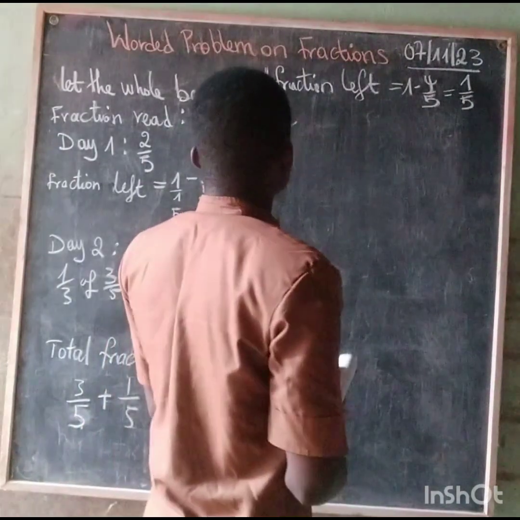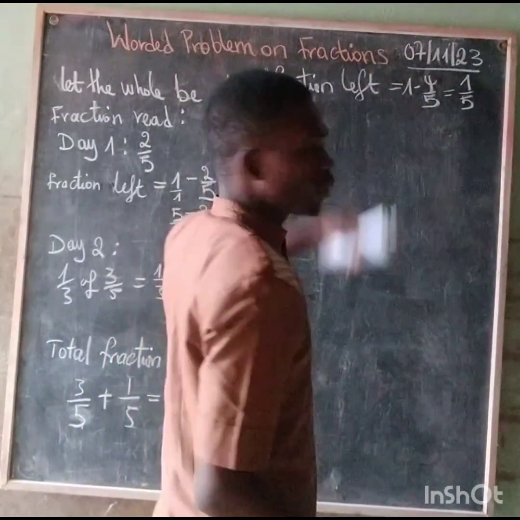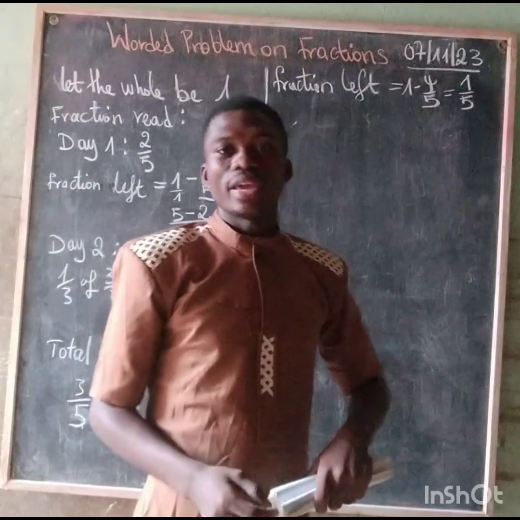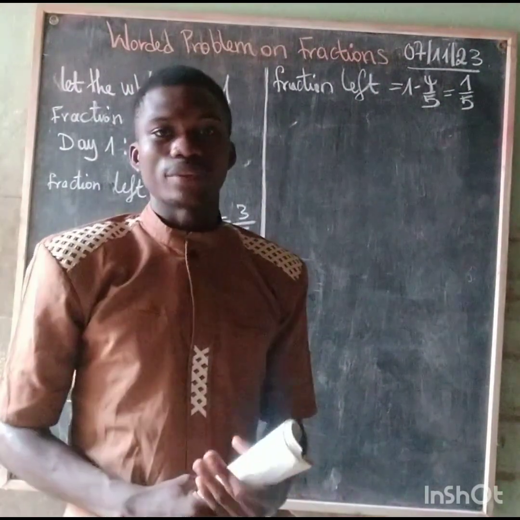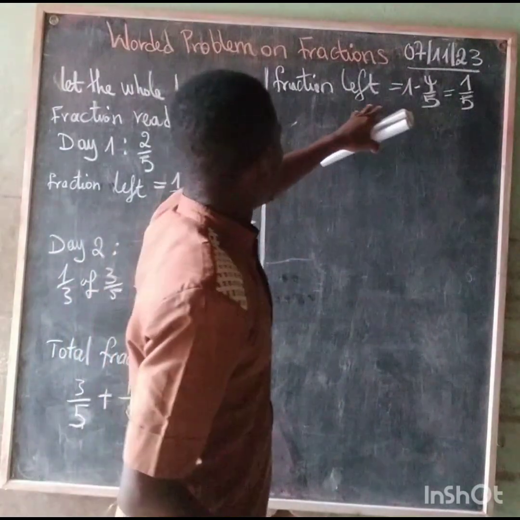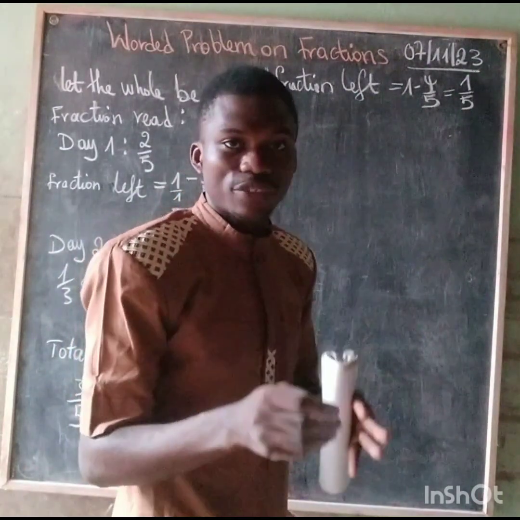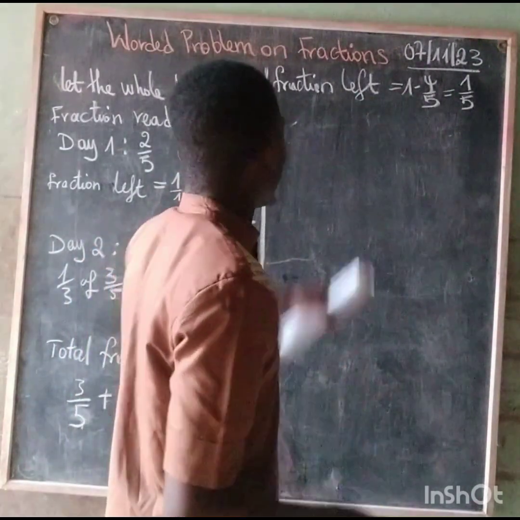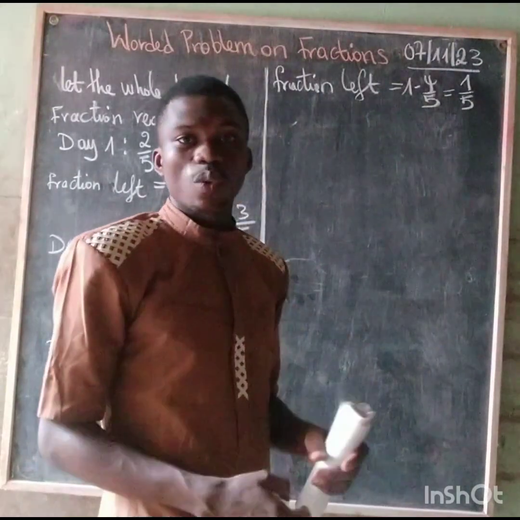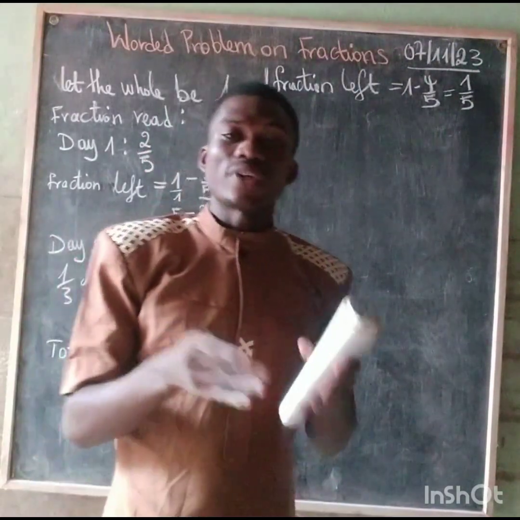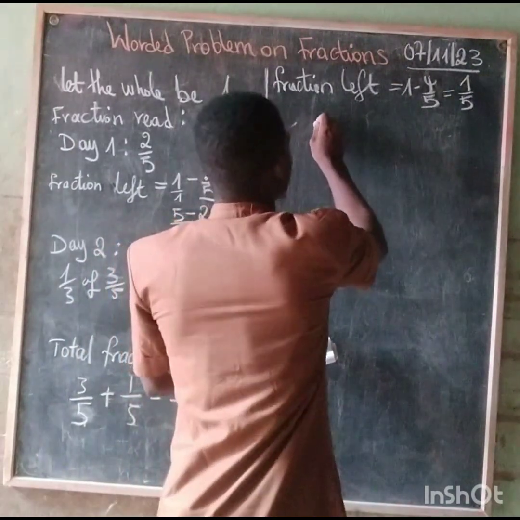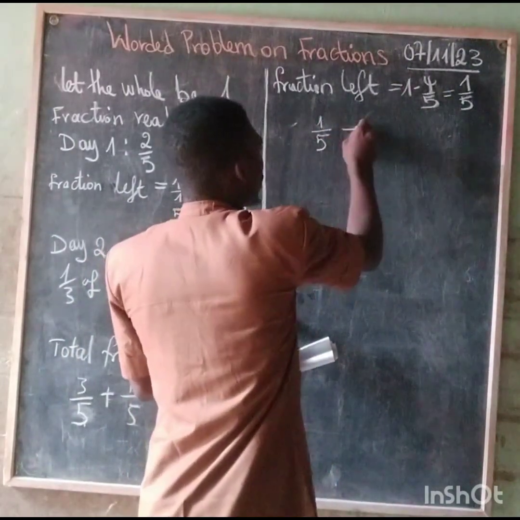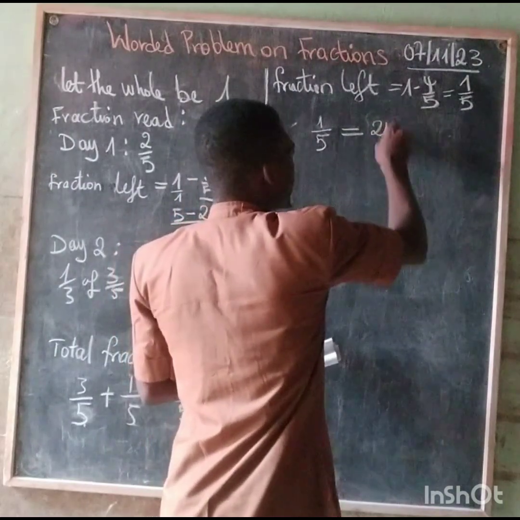Now we are told that after reading on the first and second day, he still has 24 pages to read. So the number of pages left is 24 and the fraction left is the same as the number of pages left. It means that 2/5 of the book is equal to 24.